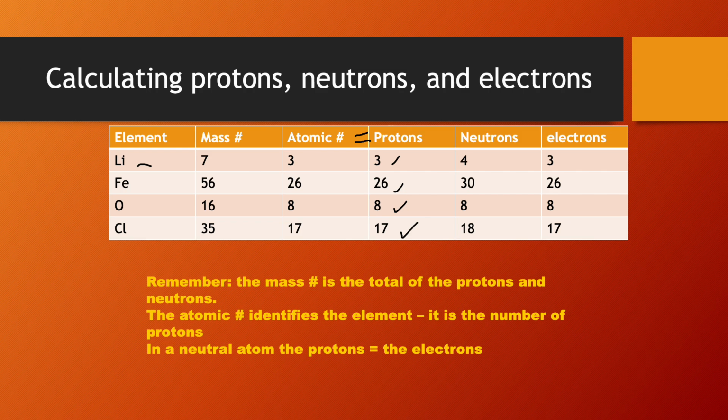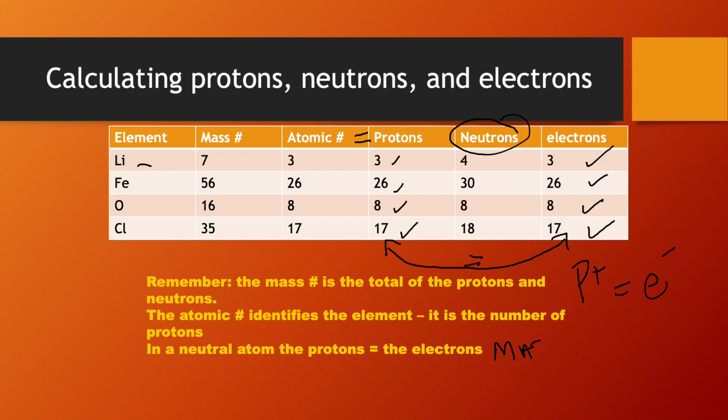To find my electrons, protons in a neutral atom, and everything we're looking at right now is neutral, protons equal electrons, or positives equal negatives. So I have 3 electrons, 26 electrons, 8 electrons, and 17 electrons. These would be equal because they're neutral. And then to find our neutrons, remember we're going to take mass number minus atomic number. That gives us our neutrons.